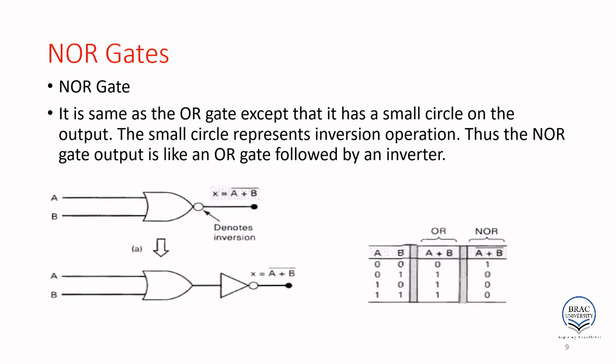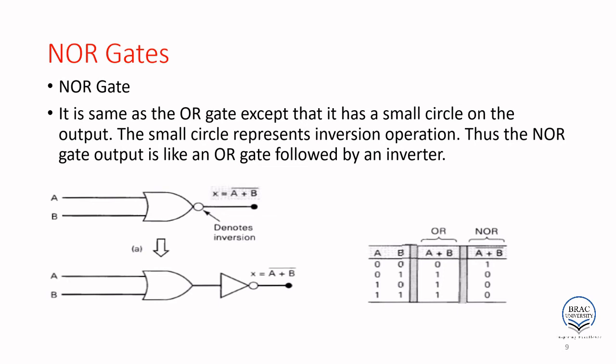So just look at here. This is our OR gate. If we connect it with an inverter, that will be a NOR gate. Here we have a two input NOR gate. This is the truth table. For the OR gate, if both of the inputs are 0, the output will be 0, otherwise it will be high.